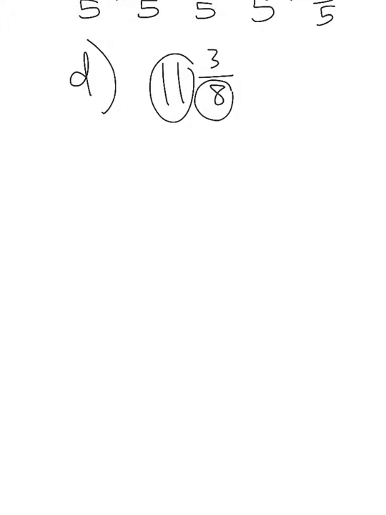Okay, so part D is 11 3/8. So 11 wholes and 3 eighths. Okay, so we need to multiply our big number by our denominator. 11 eighths are 88. 88 plus 3 is 91 eighths altogether.